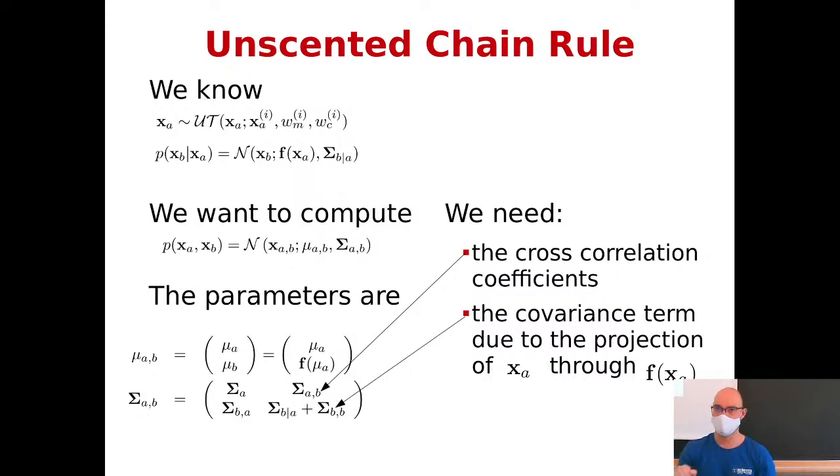If you write down what I'm saying, you construct the input sample, or the input sigma point. You augment it with its projection, which will be f of xa. So you have a larger dimension sigma point, and then you put them aside.